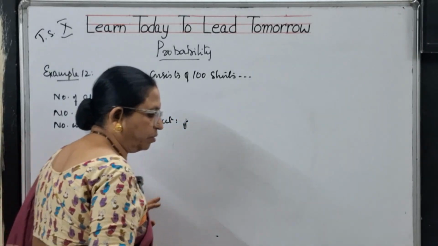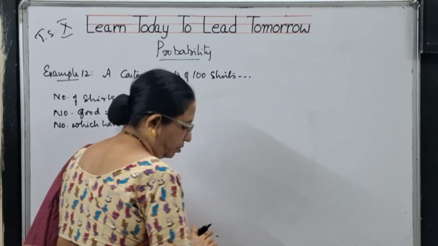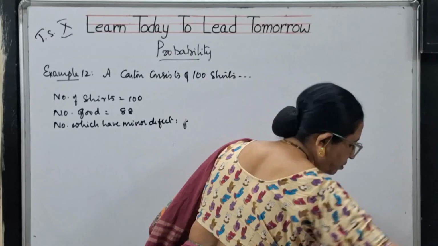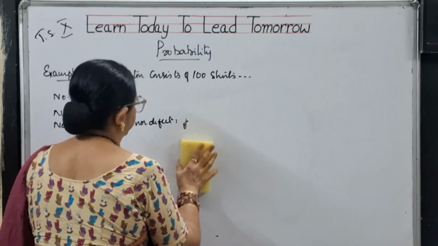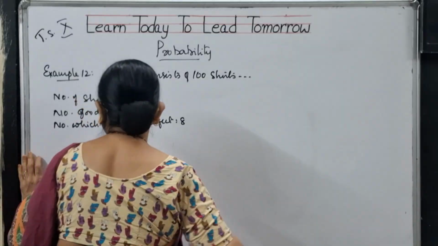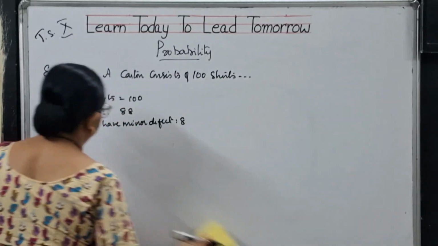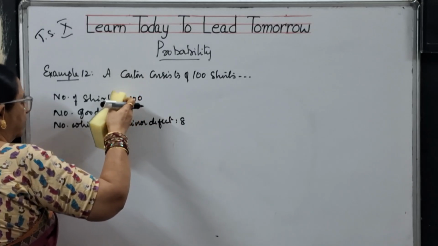Number which have minor defects are 8. I'll write it here.